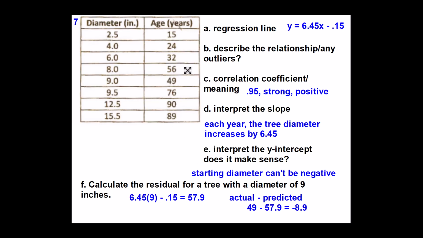You can get that actual amount. The actual is 49. That's what we got from our table. And the predicted from our regression line would be 57.9. If we subtract the actual from the predicted, we get negative 8.9. That is how we get our residuals.